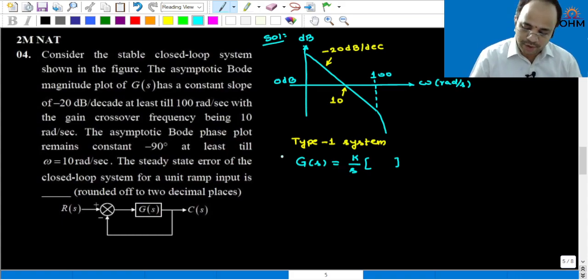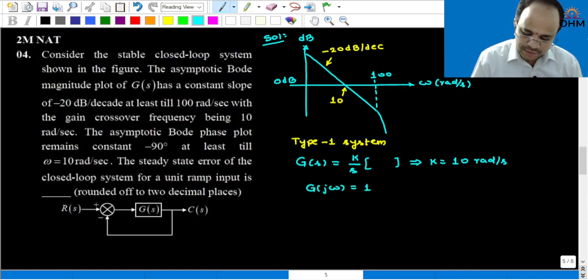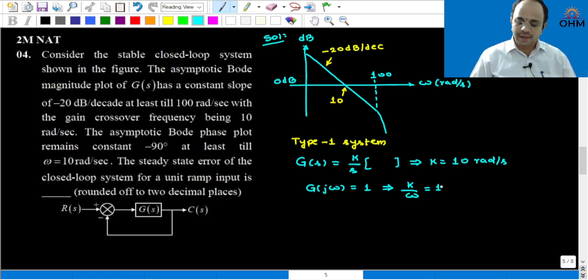Wherever this initial slope line crosses the 0 dB line, that will be the k value. Here, in the initial slope, G of j omega magnitude is equal to 1, so k by omega is equal to 1, and hence k is equal to omega. That omega is given as 10 radian per second.